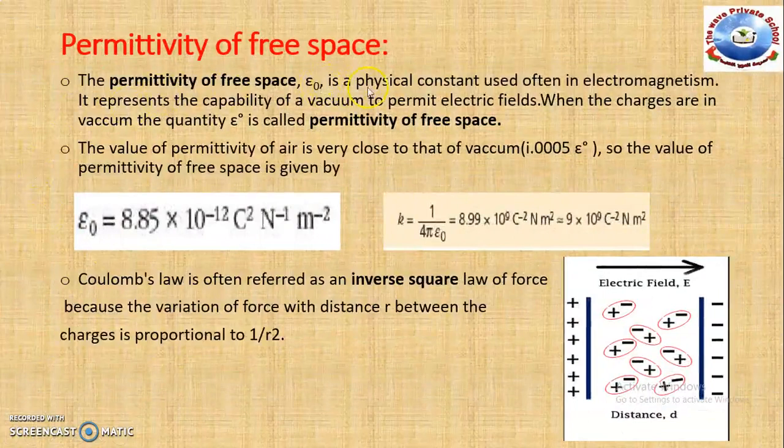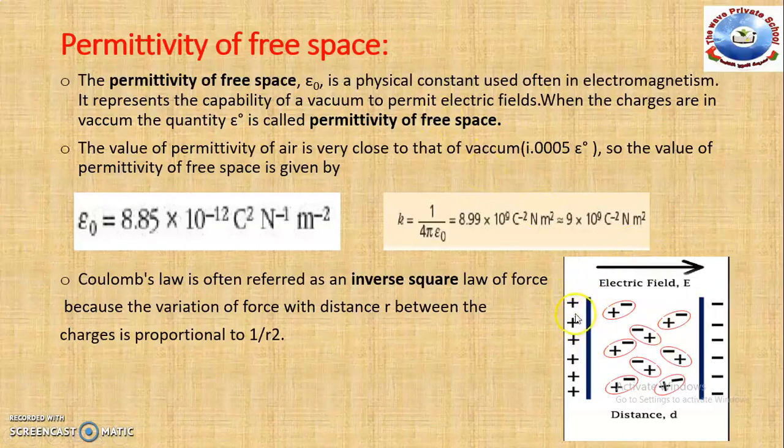The permittivity of free space is a physical constant used often in electromagnetism. It represents the capability of a vacuum to permit electric fields. When the charges are in vacuum, the quantity epsilon naught is called the permittivity of free space.